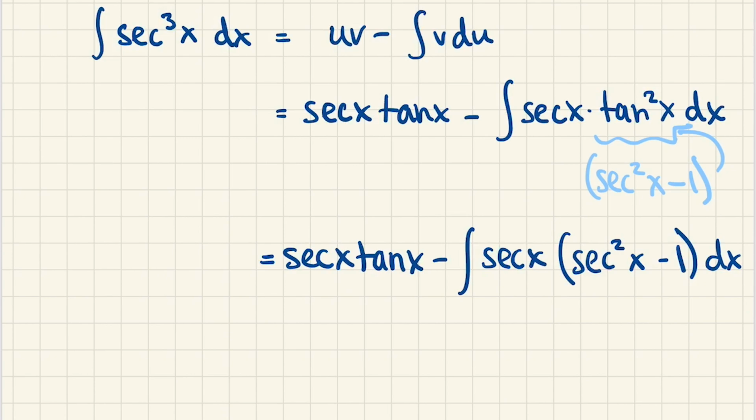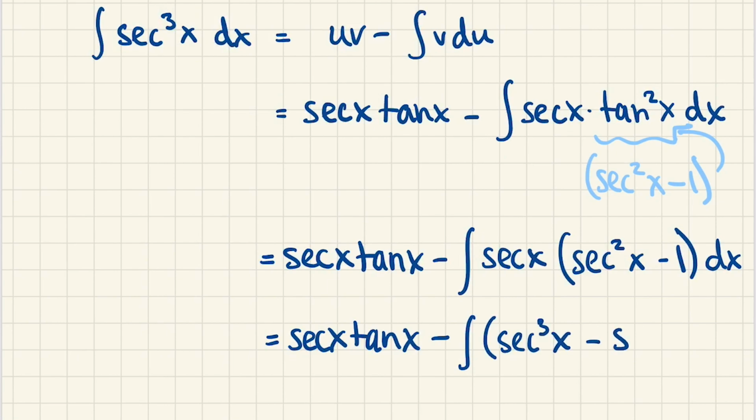Okay, for some of these gnarly ones, sometimes you just have to play around until something works. Distributing the secant, we have secant cubed of x minus secant of x dx.